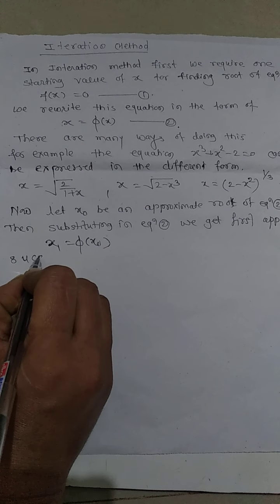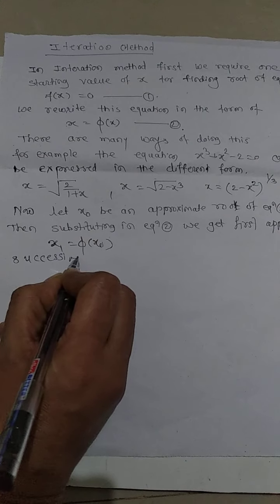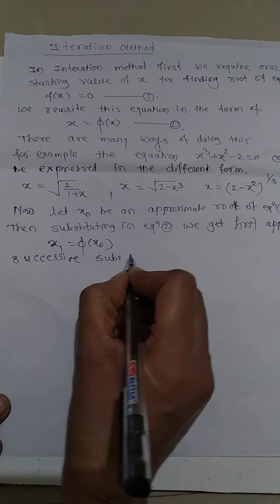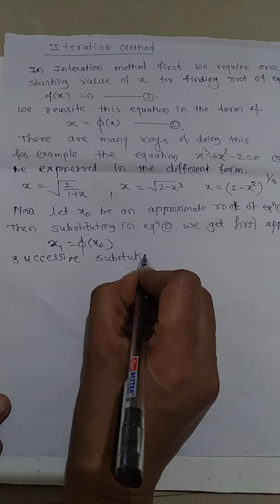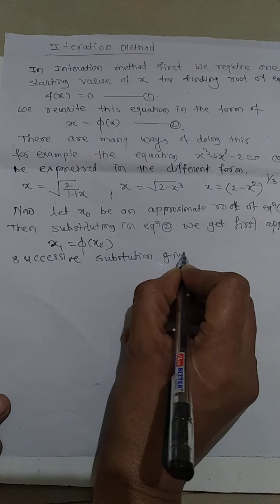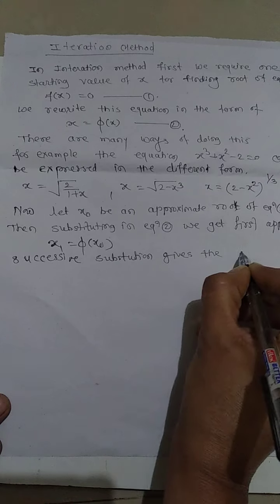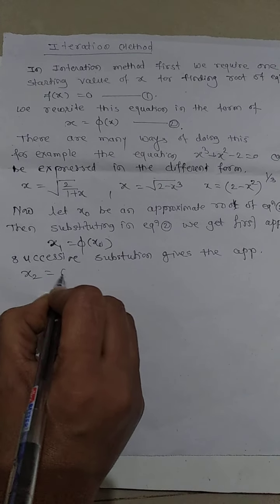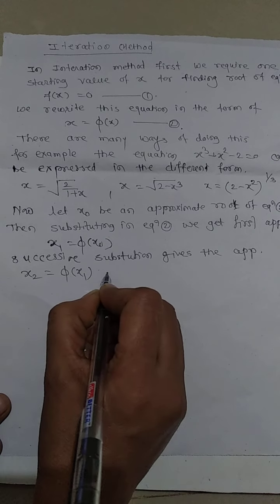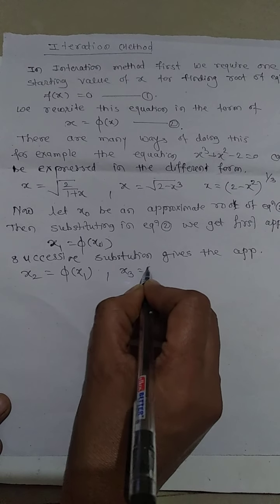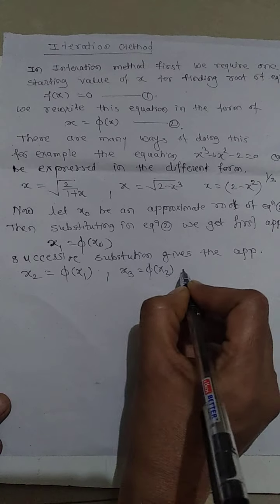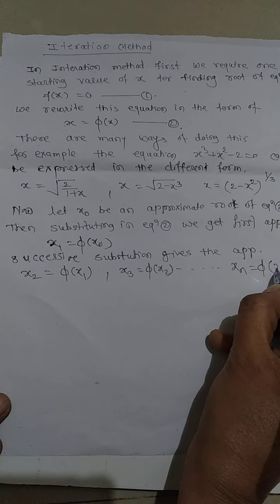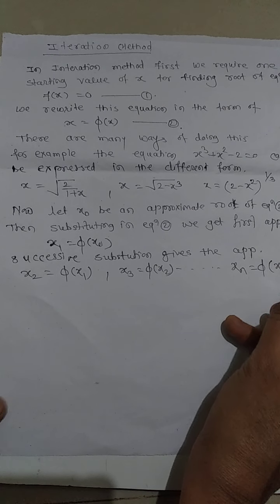Successive substitution gives the approximations x2 is equal to phi of x1, x3 is equal to phi of x2, and so on, xn is equal to phi of xn minus 1.